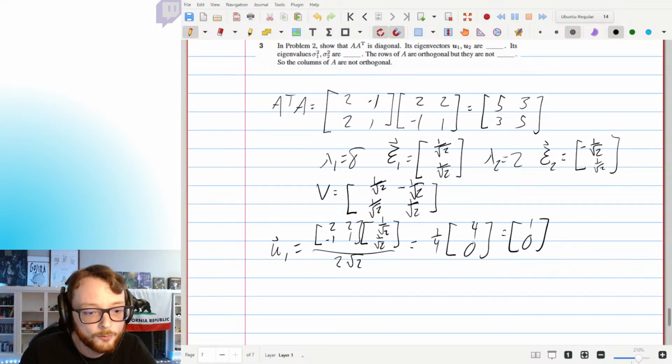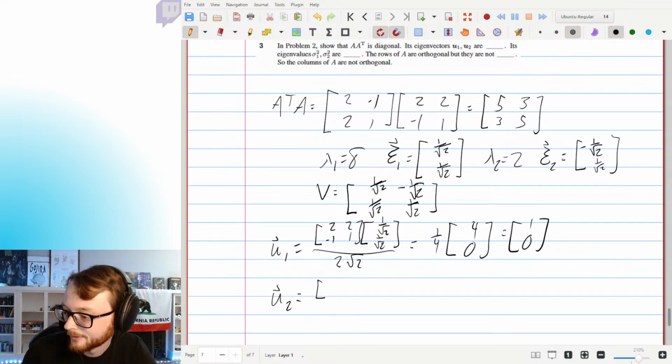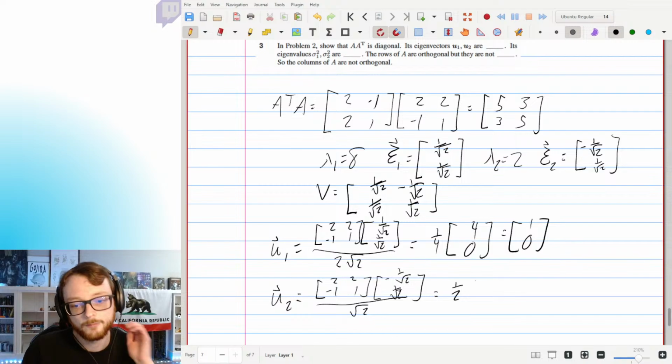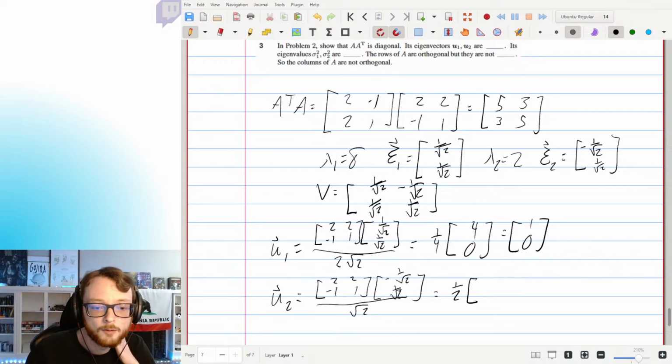And now U2, minus 1 over root 2, over root 2. So same thing, factor out the 1 over root 2. So we just get half. Now we get 0 on top and positive 2 on the bottom. So 0, 1.